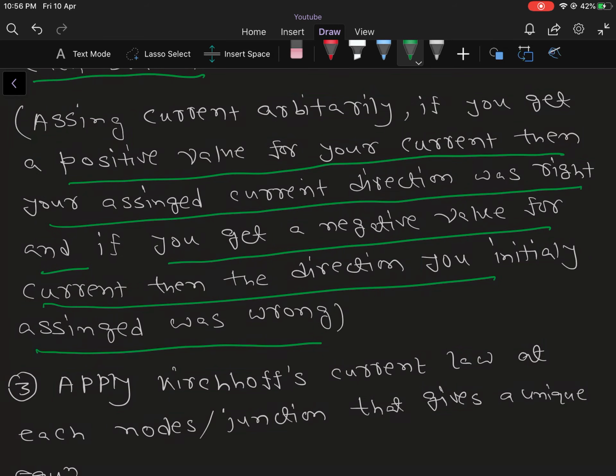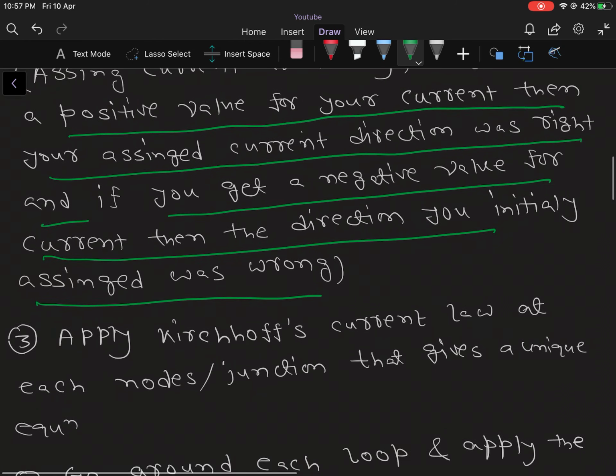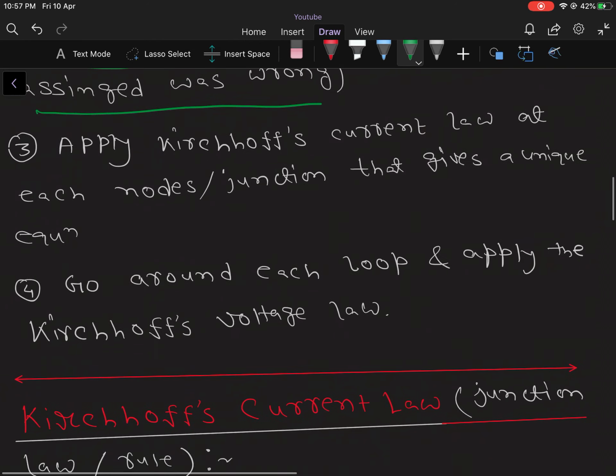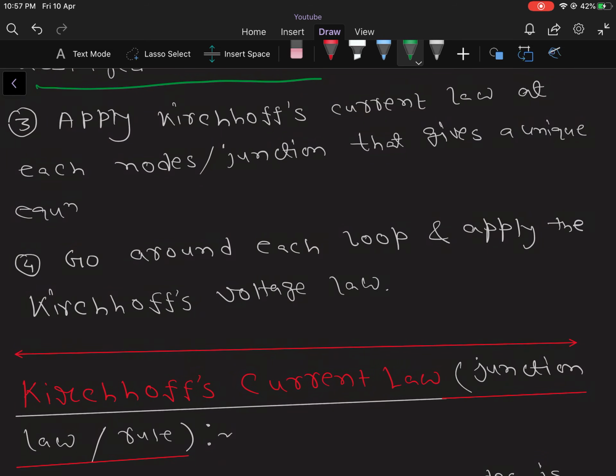So there is no specific rule to assign the current. Just assign arbitrarily. If you get a positive answer, your initial assignment was right. For a negative answer, you have to change the direction of the current in the diagram only, but the magnitude will be the same.